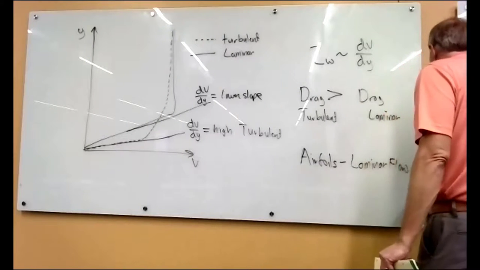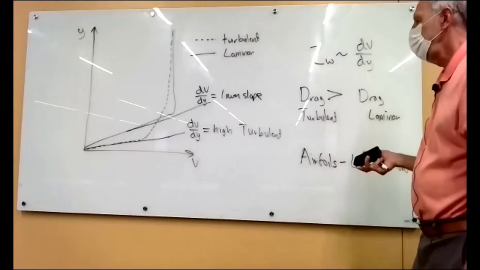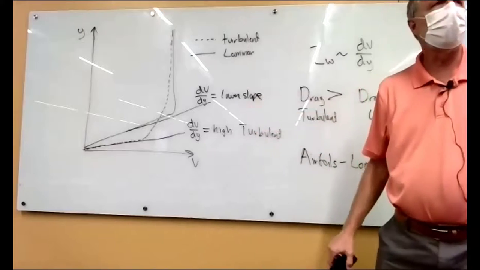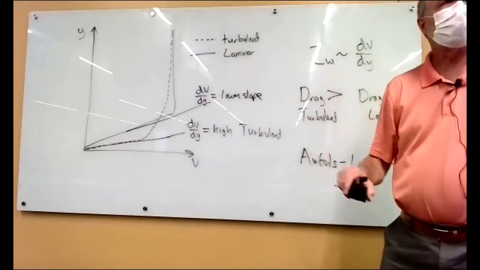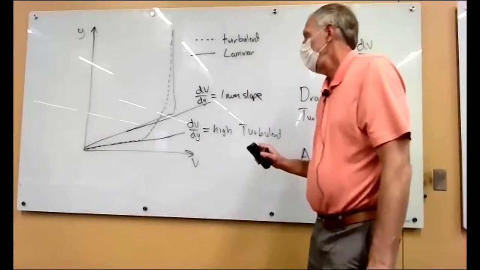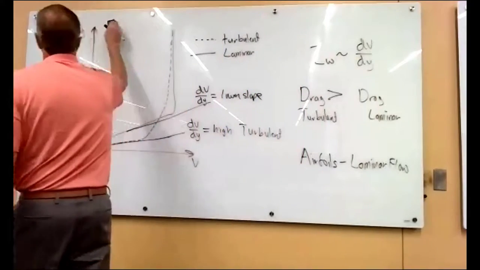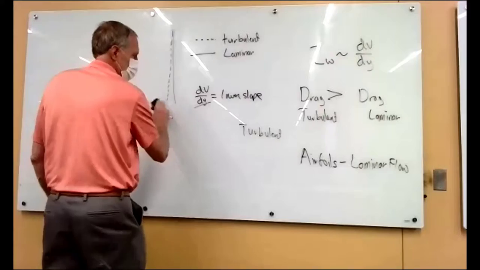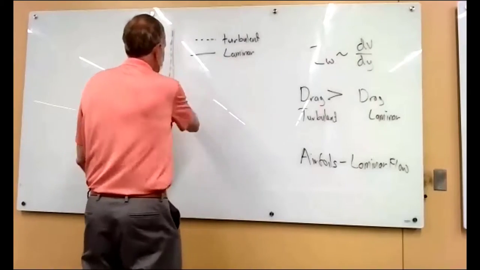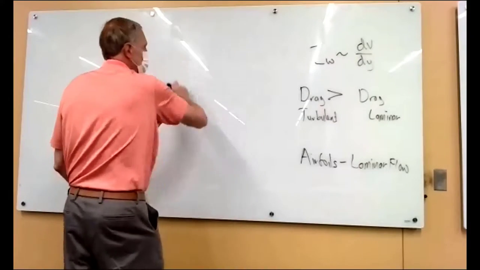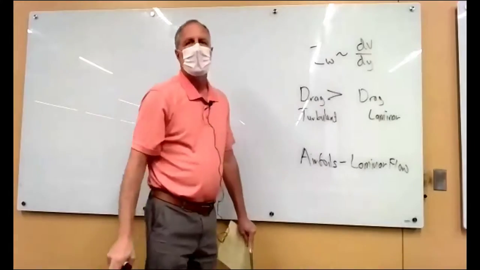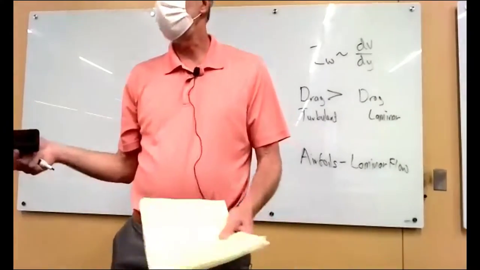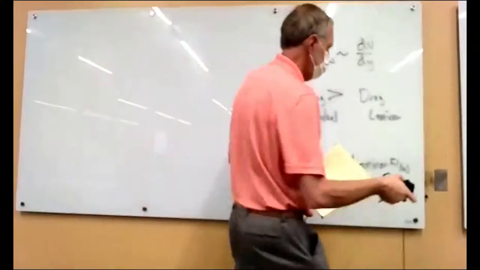So we want to look at predicting the thickness of the boundary layer as the flow goes down a flat plate. I'm going to give you some experimental or empirical formulas that help us predict the thickness of the boundary layer, the shear stress at the wall, the total drag of the flat plate, and things like that.